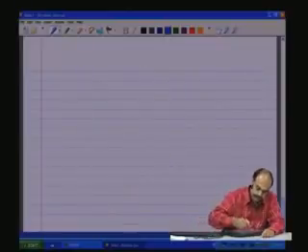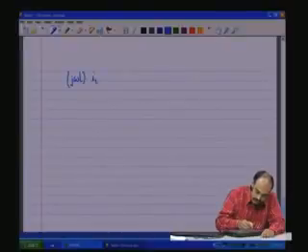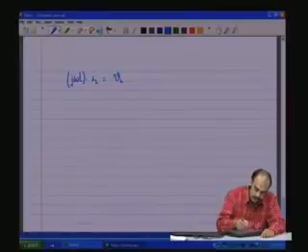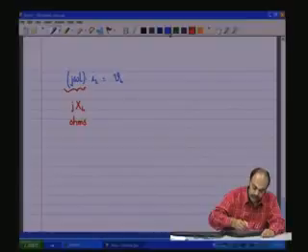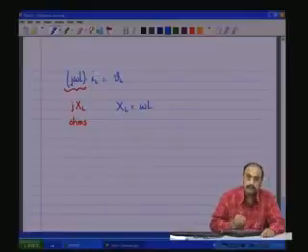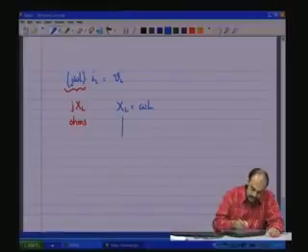That factor j omega L into IL is equal to VL. This factor is written as jXL, and it has a unit of ohms. So, XL is equal to omega L. This is called the inductive reactance.